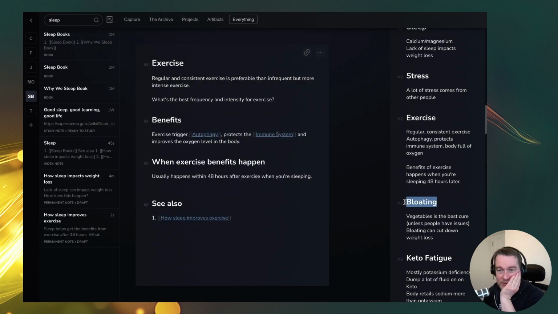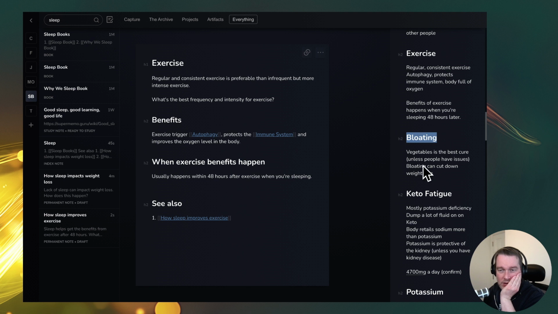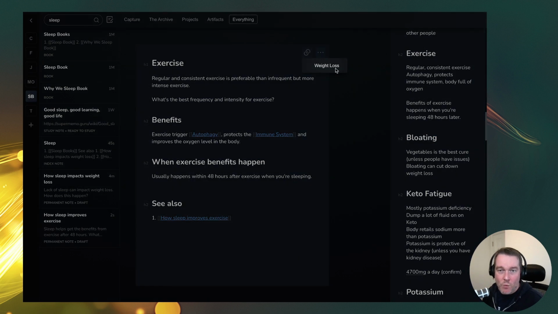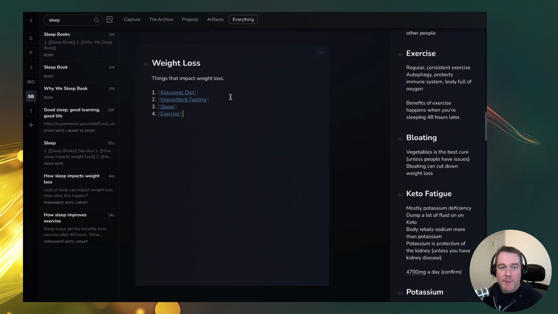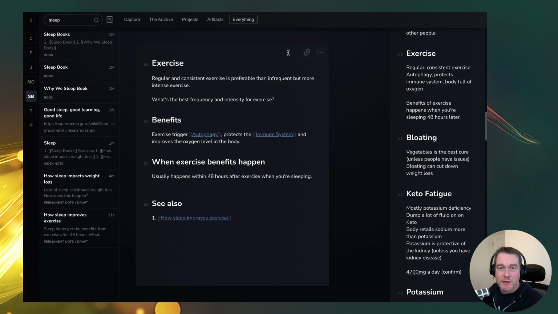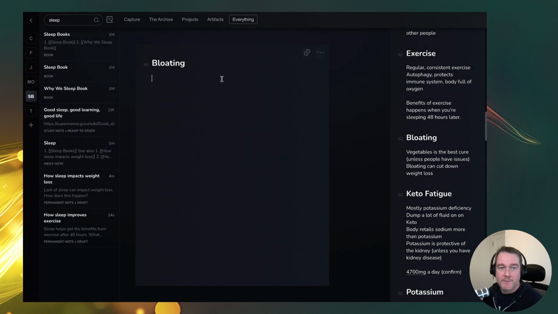Okay, bloating. So here's the thing. If you're bloated, it can impact weight loss. Lovely subject here, bloating. Oh, missed it. So bloating can impact weight loss. Now, I'm guessing we need to answer, what is bloating? How to improve bloating.